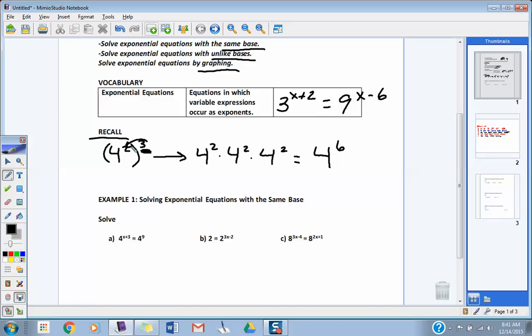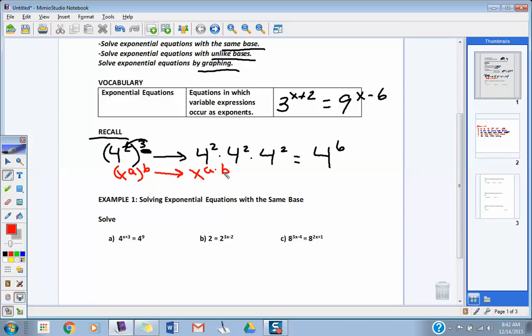So here's a rule to remember. Whenever you have something like x to the a in parentheses, all to the b power, this becomes x to the a times b power. Are you okay with that?